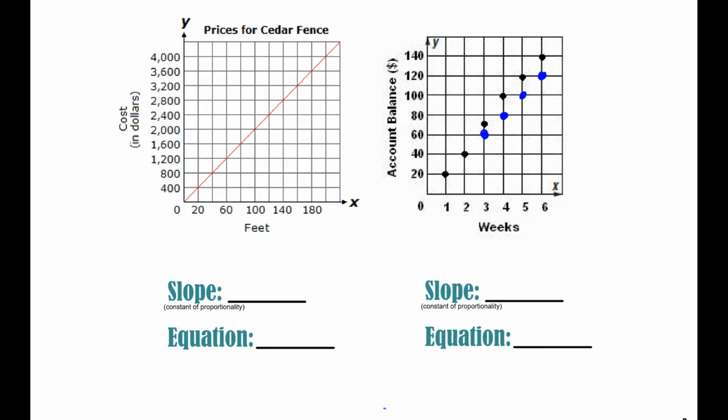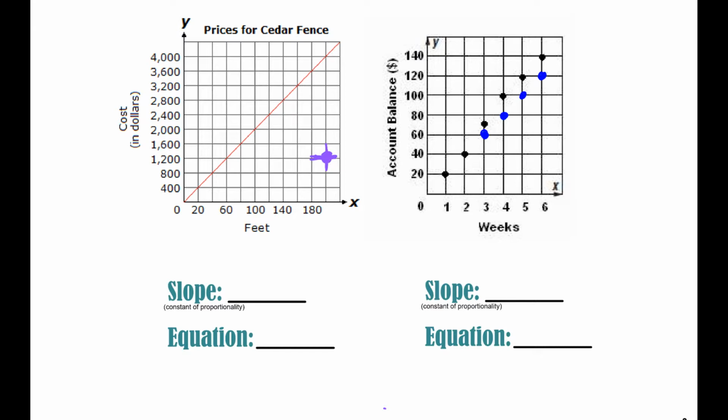On this next graph, the difference that you may notice is that there aren't any points actually plotted on the line. If this happens, what you need to do is what I call find the nice points. The nice points are going to be where the line crosses on these intersections. See where, like on my graph paper, I have these T's that happen.